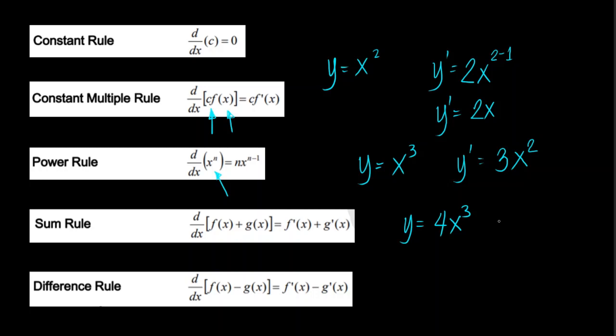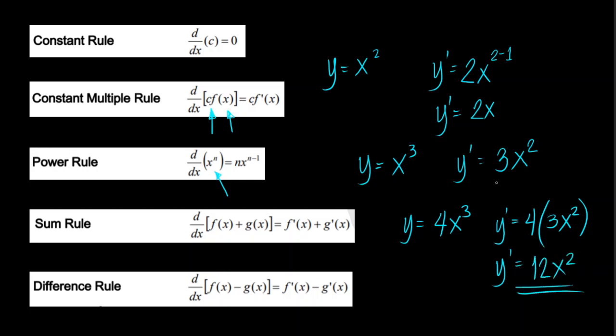According to our constant multiple rule, y prime is 4 times the derivative of x cubed, which is 3x squared. So, finally, the derivative for 4x cubed is 12x squared. So, yep. Get these answers.